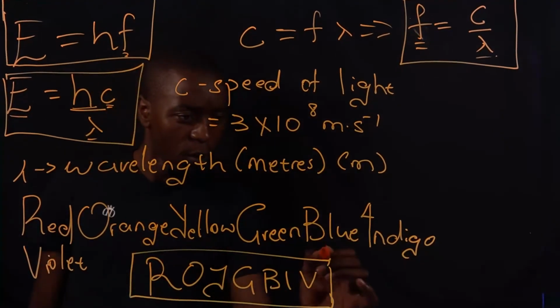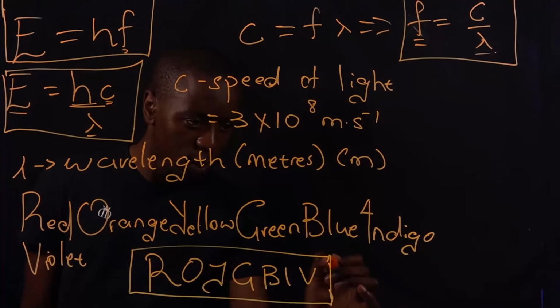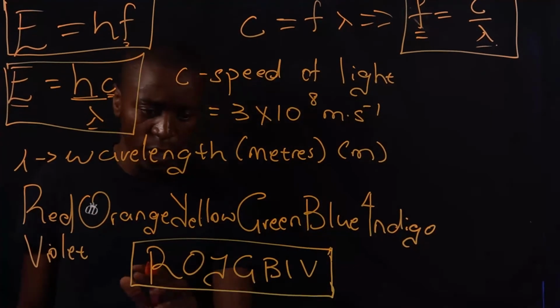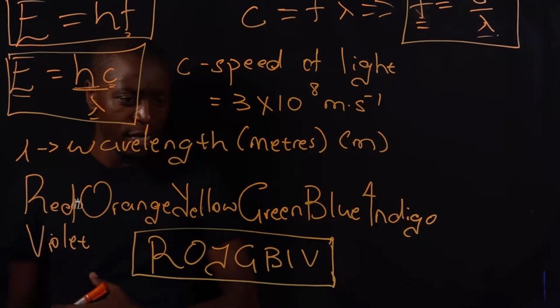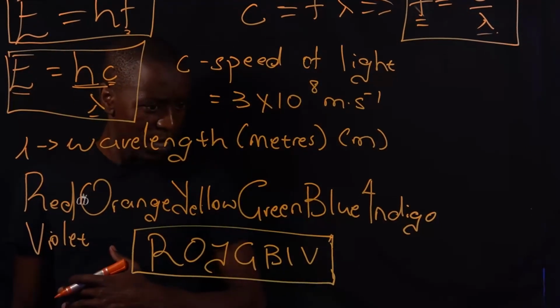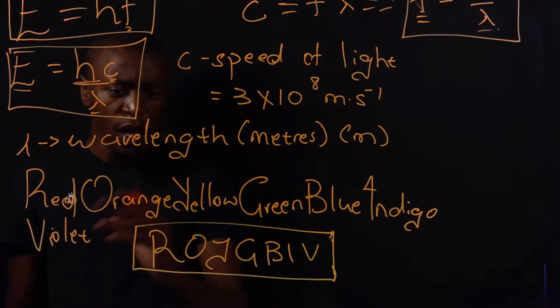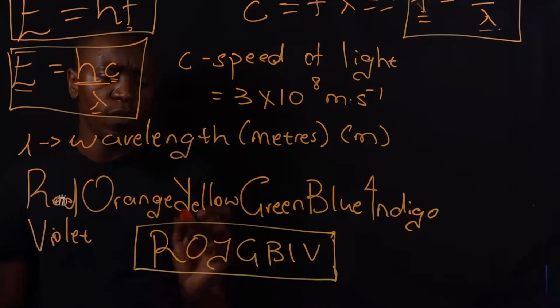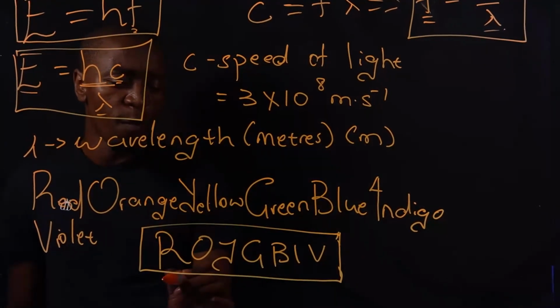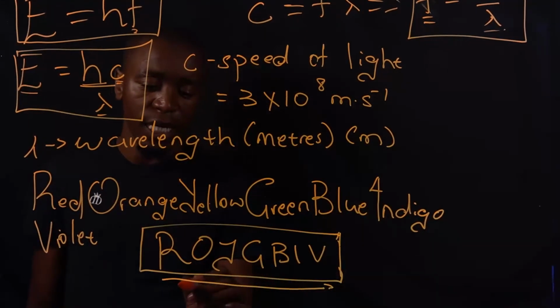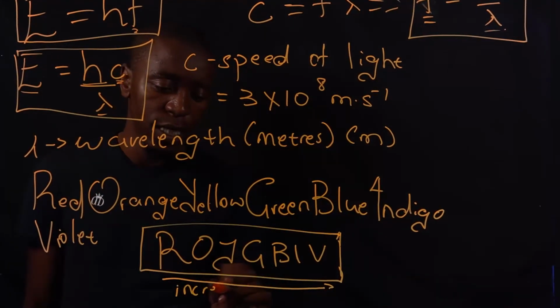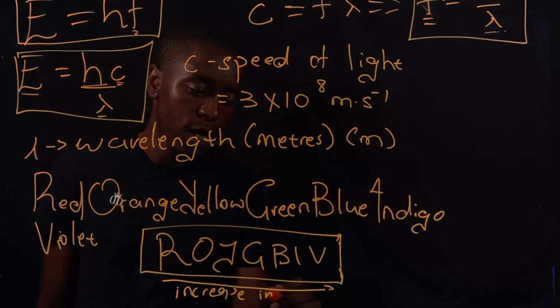I think we all know the rainbow. But if you were to look at it more closely, you will see how it consists of these colors. What is happening here with these colors? When we move from red and we go to violet light, it's an increase in what?